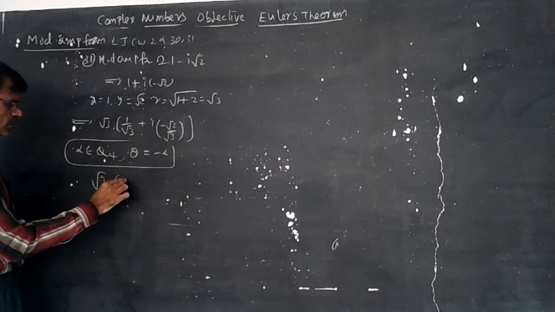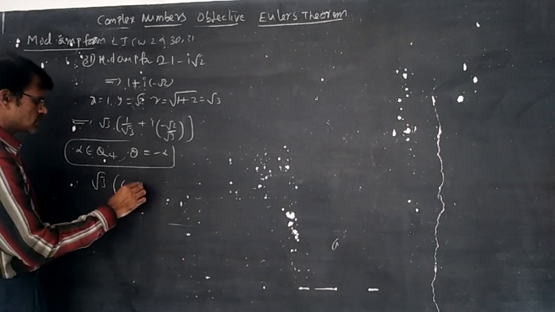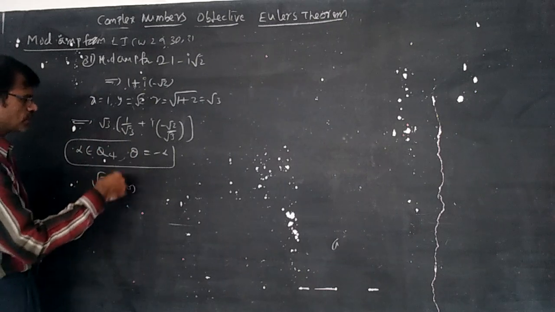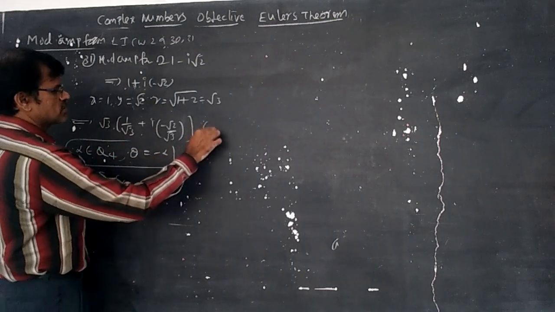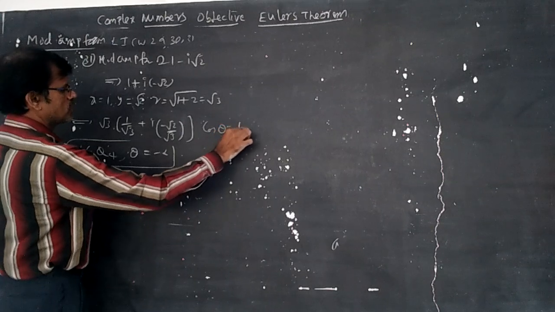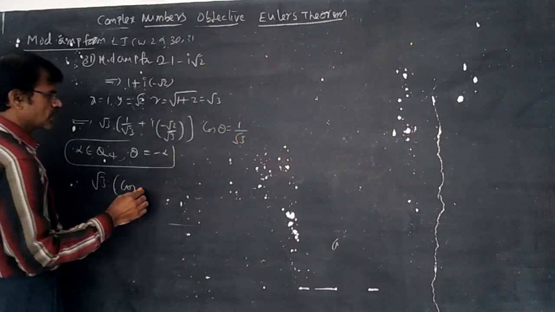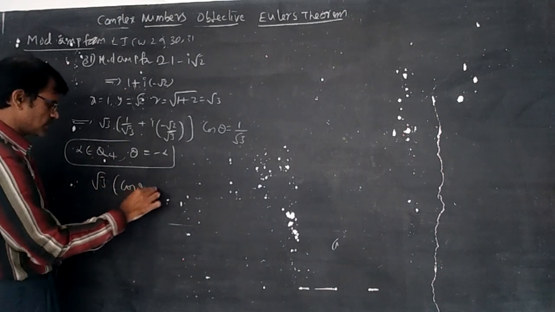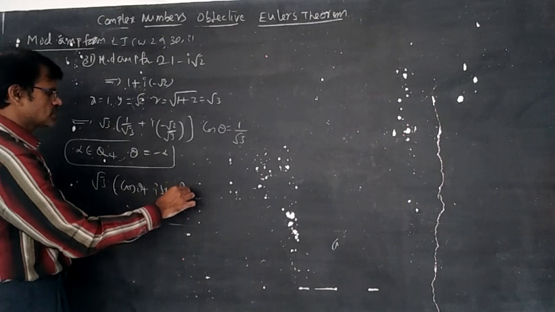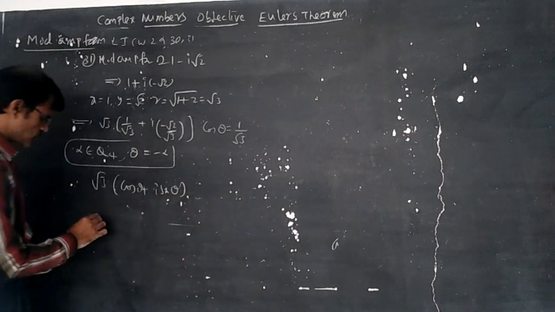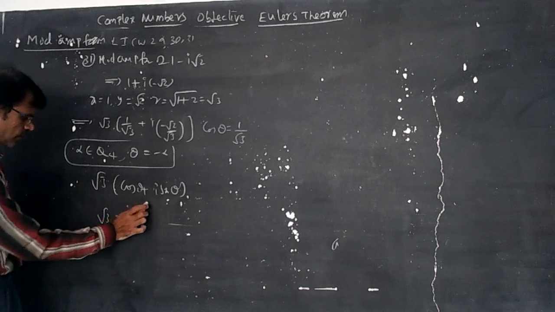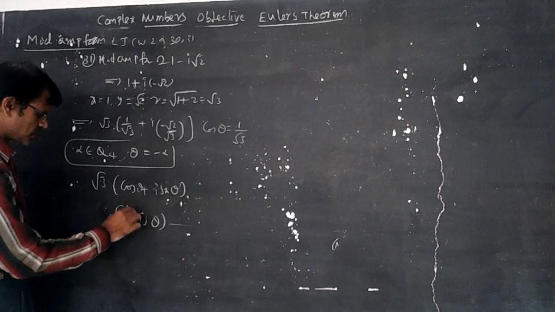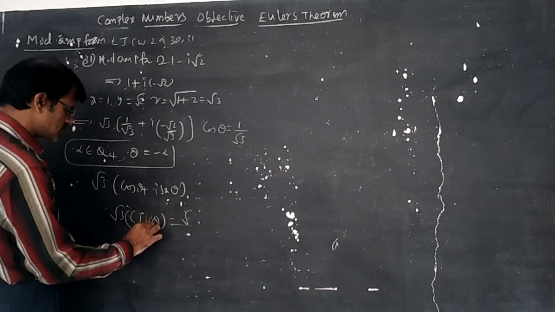So root 3 into cos theta plus i sin theta, where cos theta is equal to 1 by root 3, so theta is equal to cos inverse of 1 by root 3, with theta given by the tan inverse of y by x concept. So root 3 into cis of theta, that is equal to minus theta.